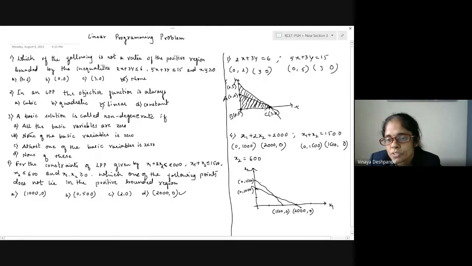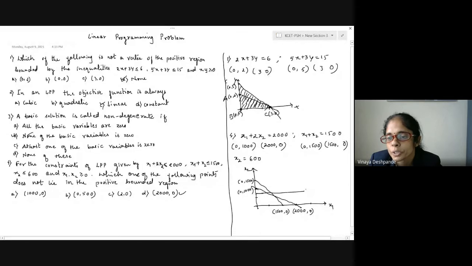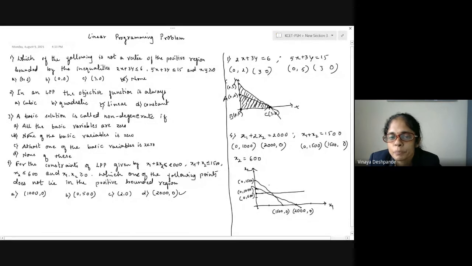Then x2 is equal to 600. I will take 600 somewhere here. This point is 0 and 600. Fine. Now let us see the inequalities to shade the region. First inequality, less than or equal to 2000, so the lower region.